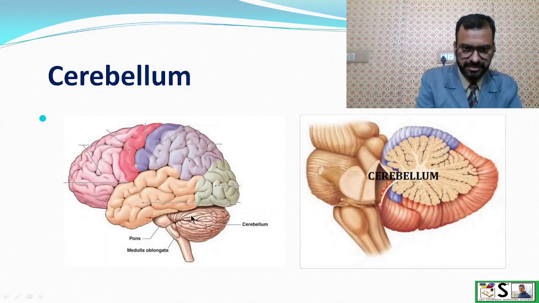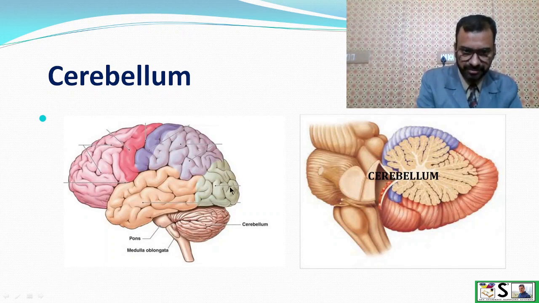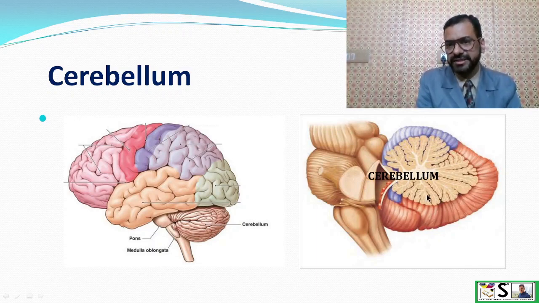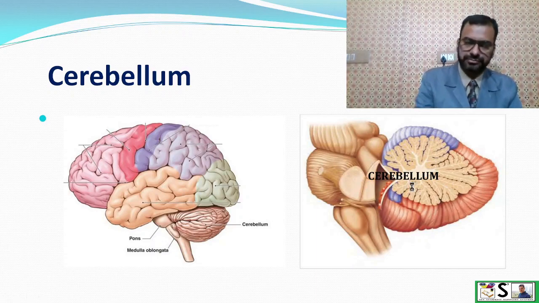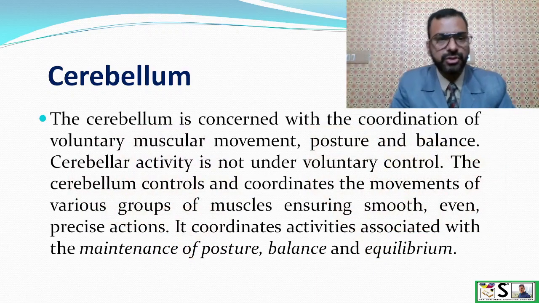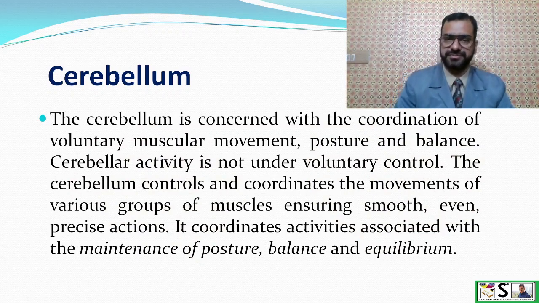This is cerebellum. Okay, this is cerebrum, and below this there is cerebellum, which is like this. This is cortex, and this is the arbor vitae. The cerebellum is concerned with coordination of voluntary muscles, posture, and balance.